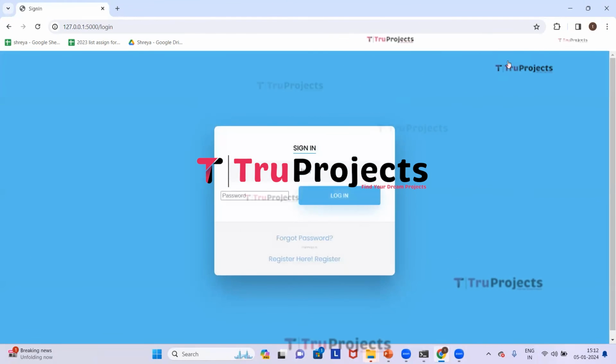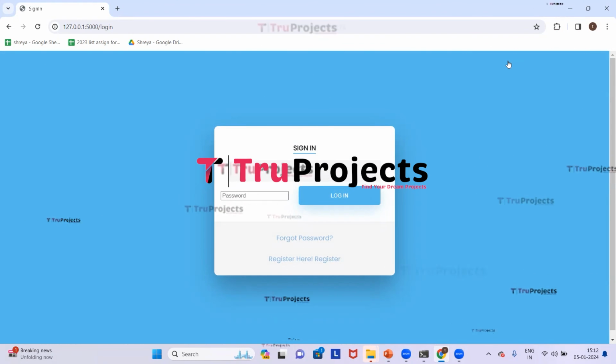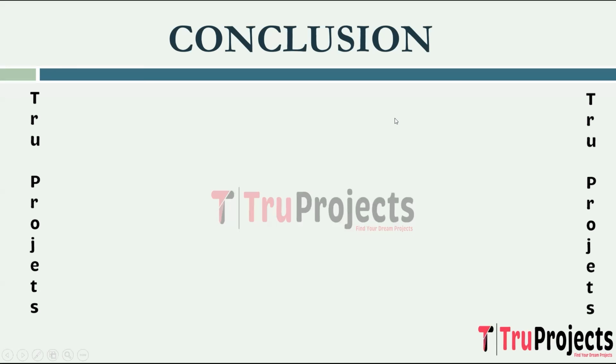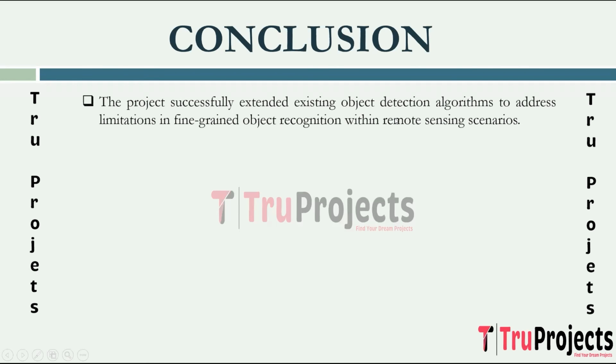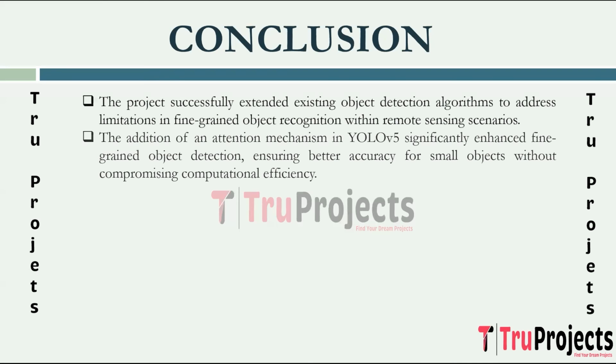In this way, if we upload aerial and remote sensing images to the system, then the system will detect objects in the images. Conclusion of the project. The project successfully addressed limitations in the existing object detection algorithms, extending their applicability to fine-grained objects in remote sensing scenarios. The introduction of an attention mechanism module in YOLOv5 enhanced the model's ability to perform fine-grained object detection.